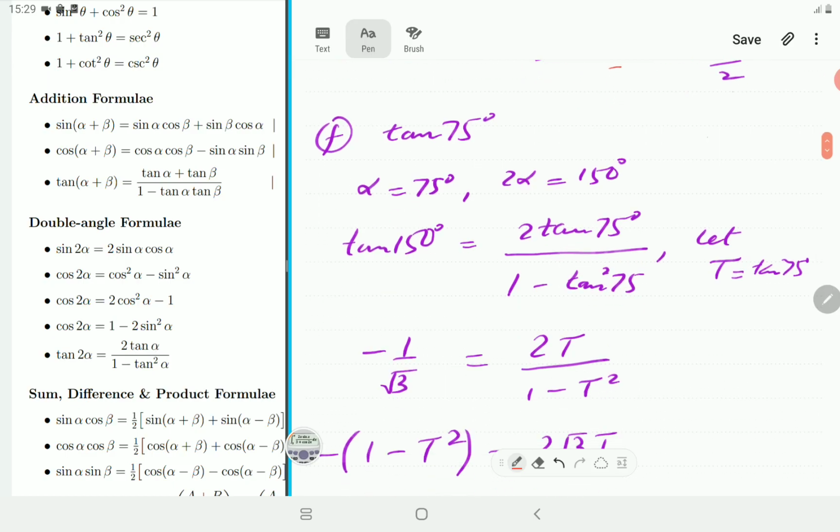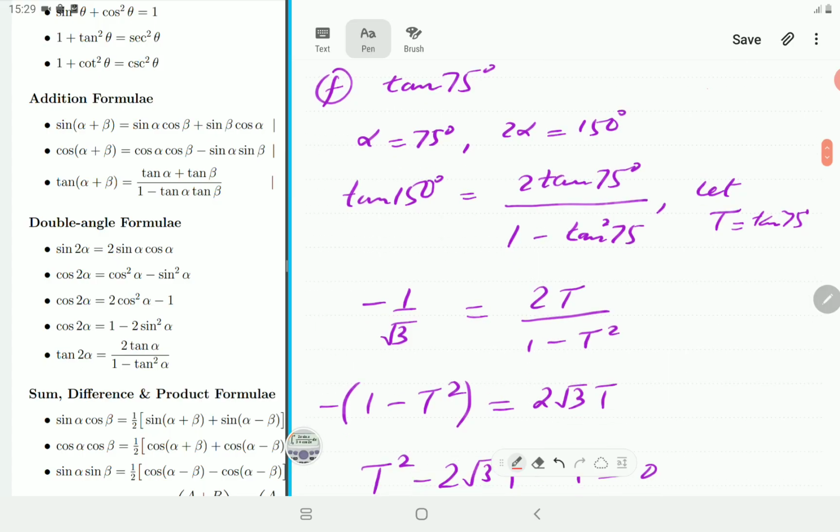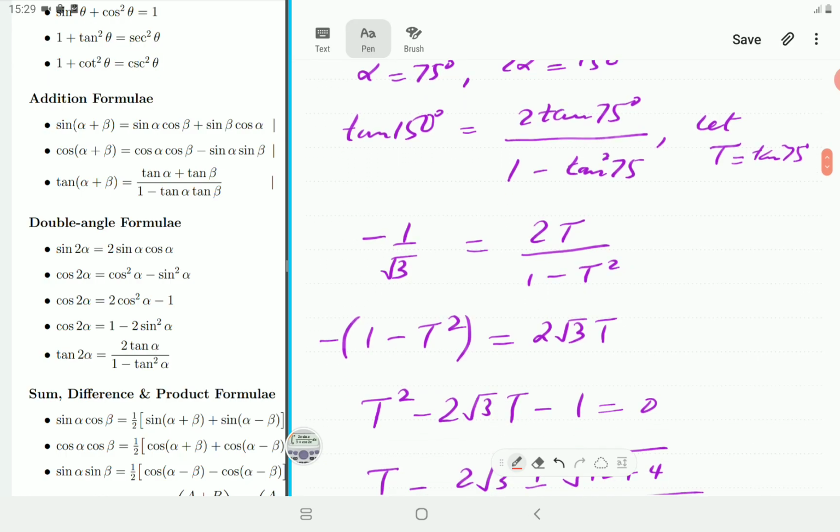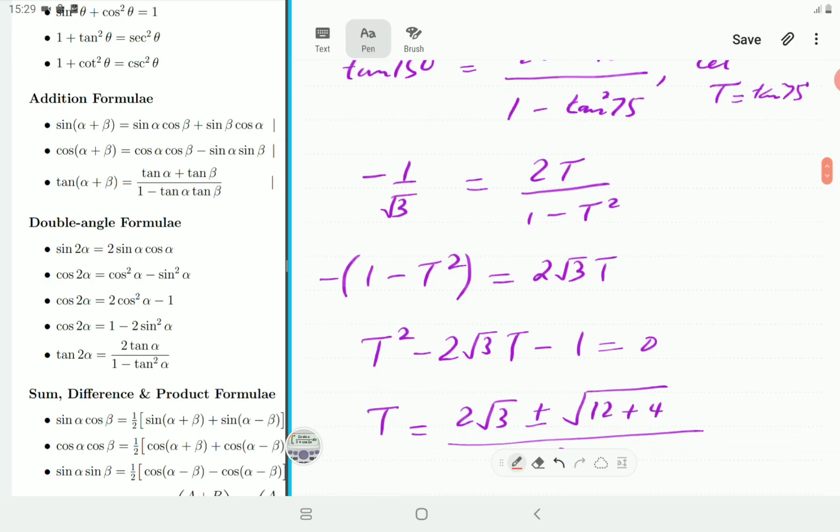Just to make our work a bit tidy, we're going to let big T be tangent 75. So this side is going to be 2T over 1 minus T squared. Of course, the left hand side is negative 1 over square root 3. And then all you need to do is to solve for T, really.